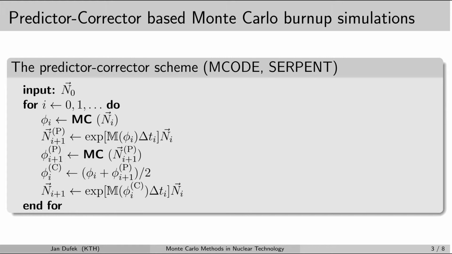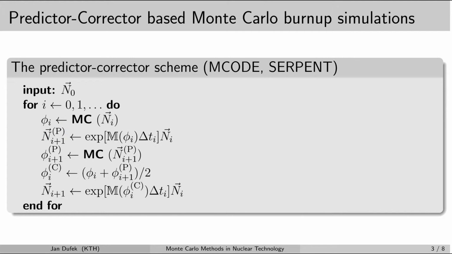So at every time step, at first the Monte Carlo solver is called, and we obtain the initial neutron flux at the beginning of the time step. After that the burnup solver is called, and it's using the flux which we obtained, and it returns the predictor nuclide field vector for the end of the time step.